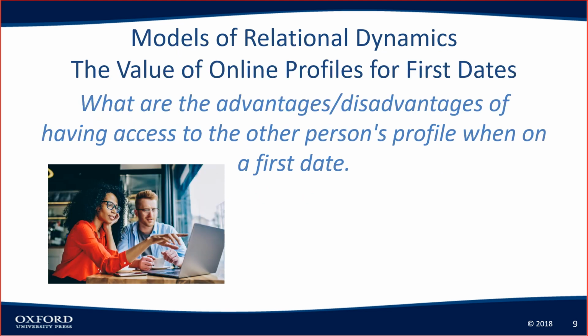So we've talked a little bit about why we form relationships and social exchange theory and rewards in those relationships or costs that we have to compromise with. What do you think? Is there an advantage or is it a disadvantage when we're dealing with online relationships that a person's profile should be researched?